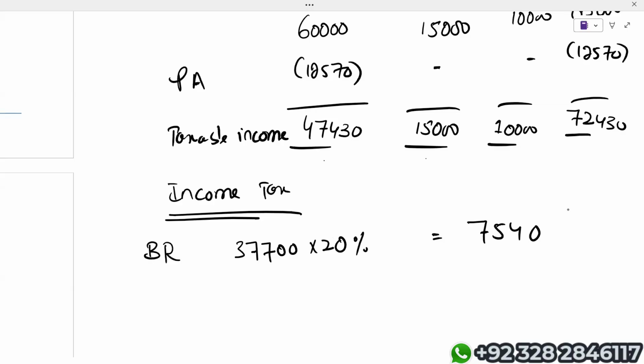The next band is the higher rate band. From 47,430, we deduct 37,700 because we have applied tax rate on 37,700. The difference actually falls in the higher rate band. So 47,430 minus 37,700. Okay, let's see the answer. Oh, wait.